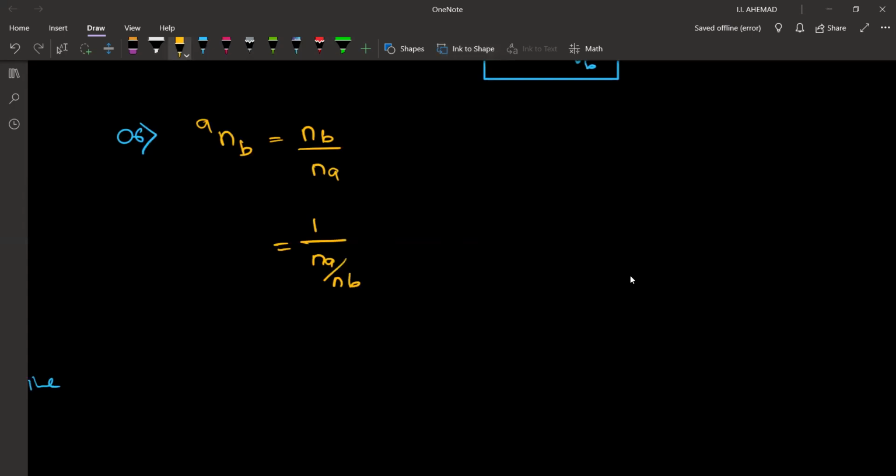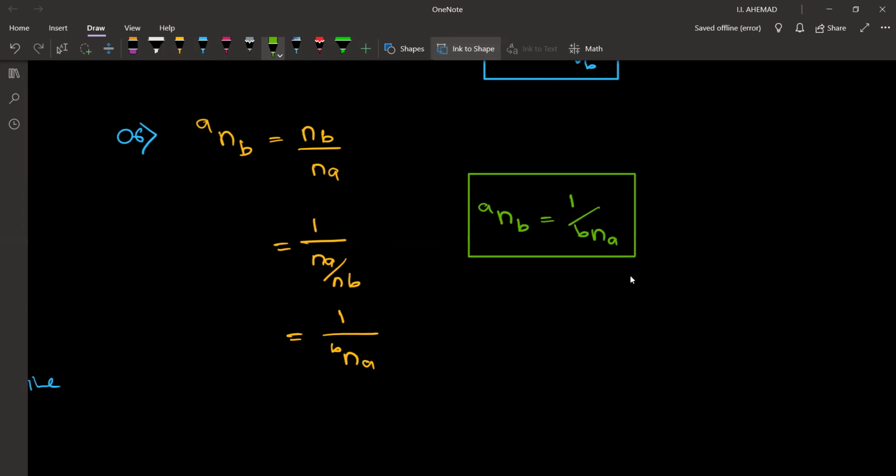So this one could be written as 1 over N of A with respect to B. So we get a relationship like NBA is equal to 1 over NAB. See if you got it.